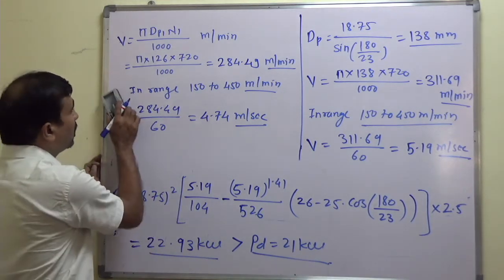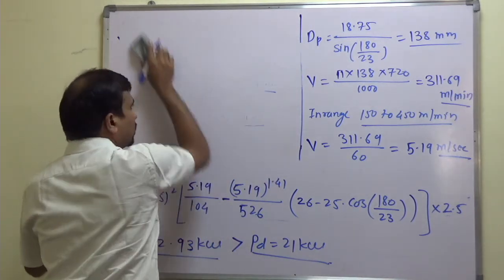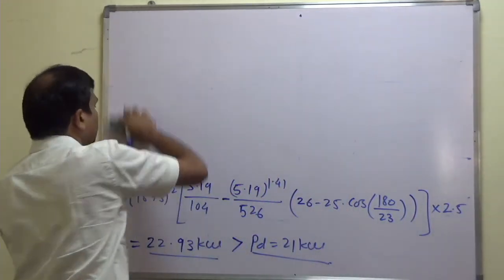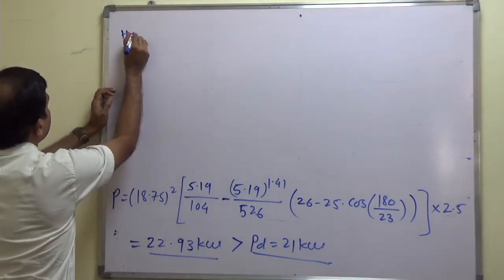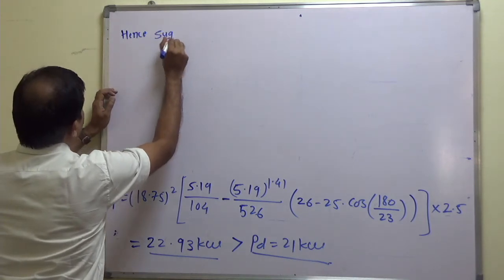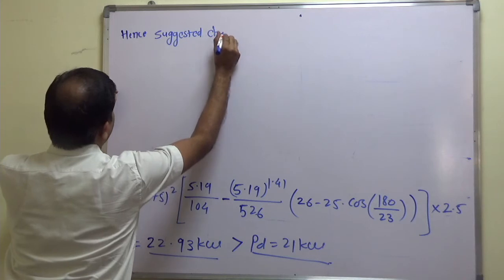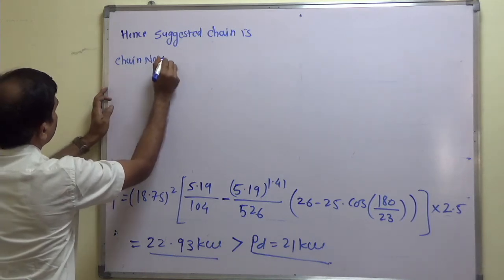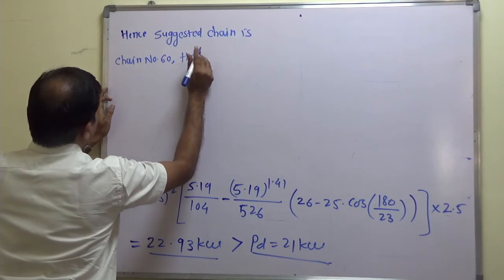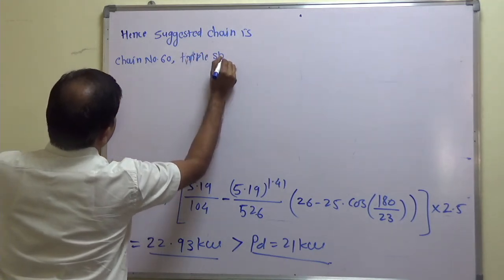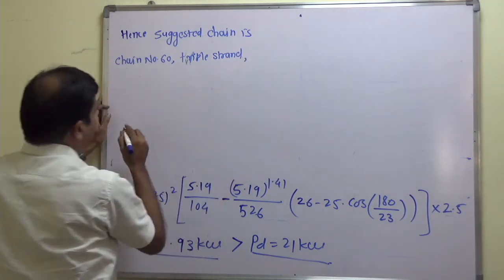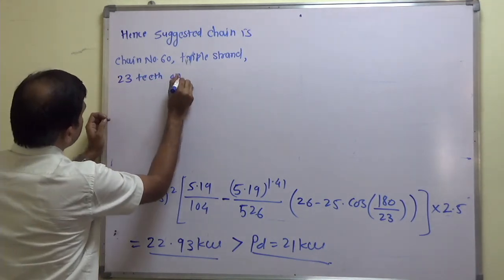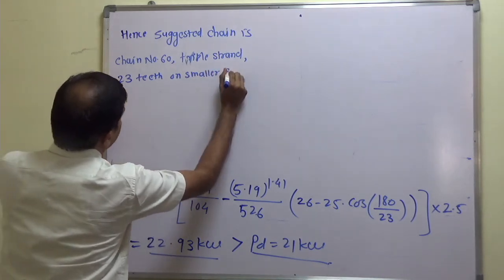So I am writing here: hence, suggested chain is chain number 60, triple strand, 23 teeth on smaller sprocket.